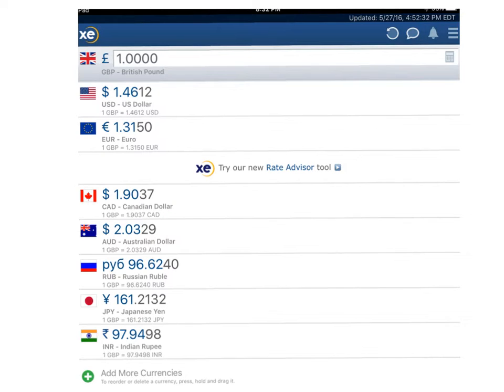Now this app lets you choose the currencies you are valuing. And £1 can exchange for 1.4612 US dollars, 1.3150 euros, and so on. So this is actually a really good and intuitive way to present the exchange rate for a British pound.